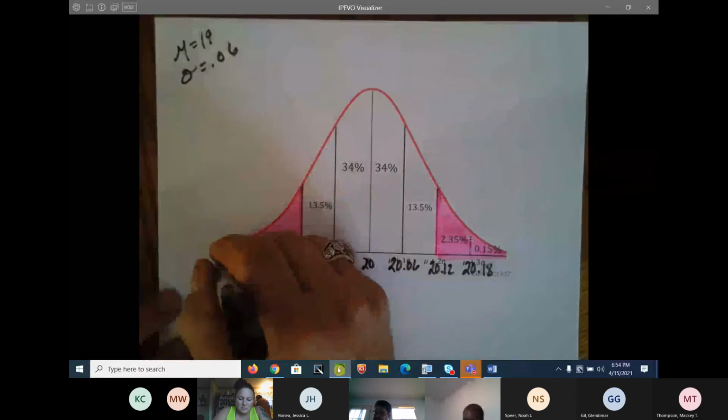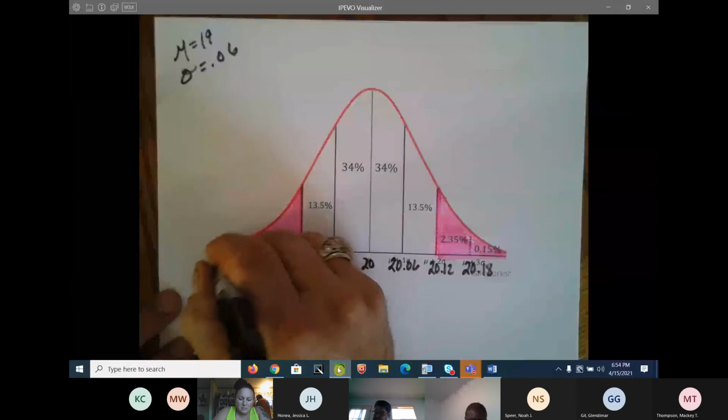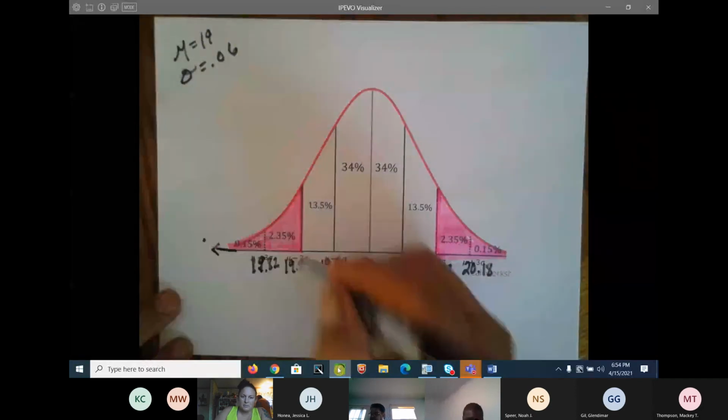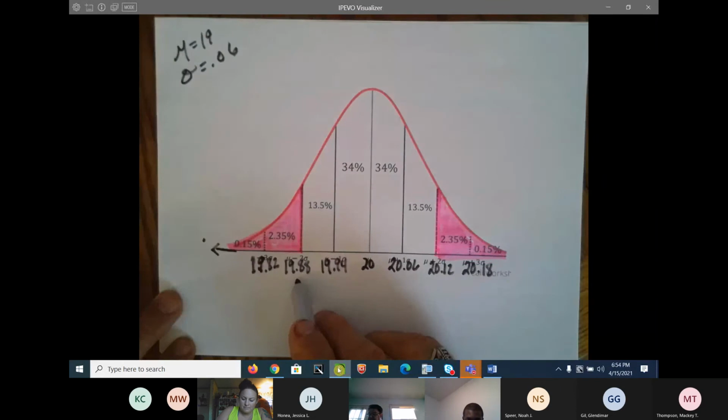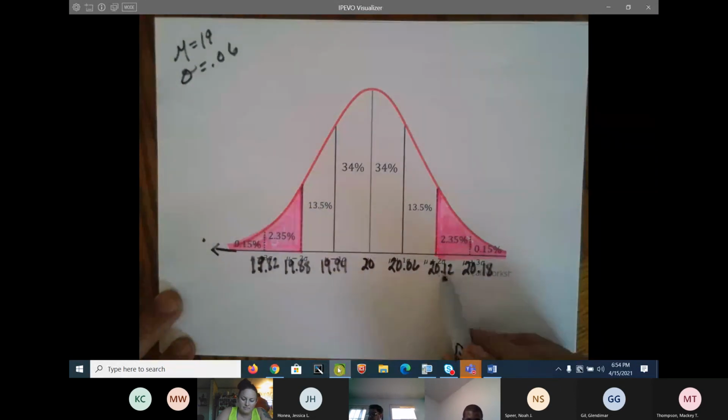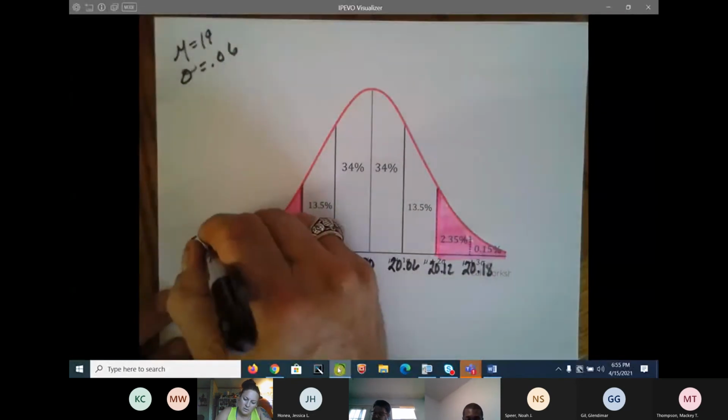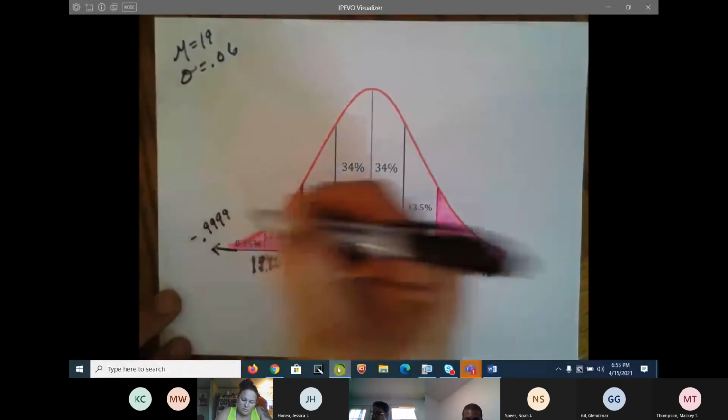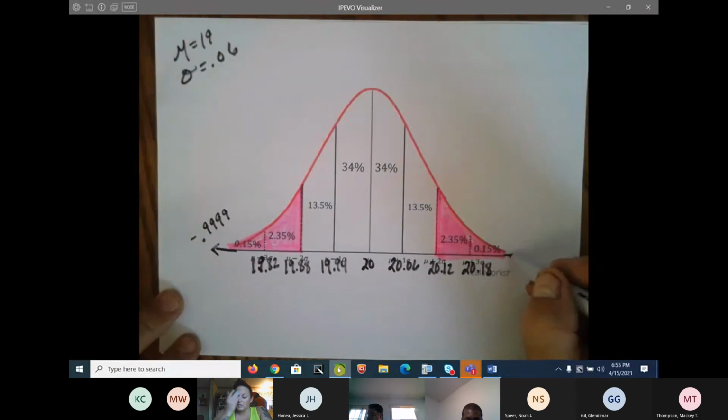It looks to me like all y'all have to do is change 19.88 into a z-score and 20.12 into a z-score, and then just do the normal CDF and add them together.